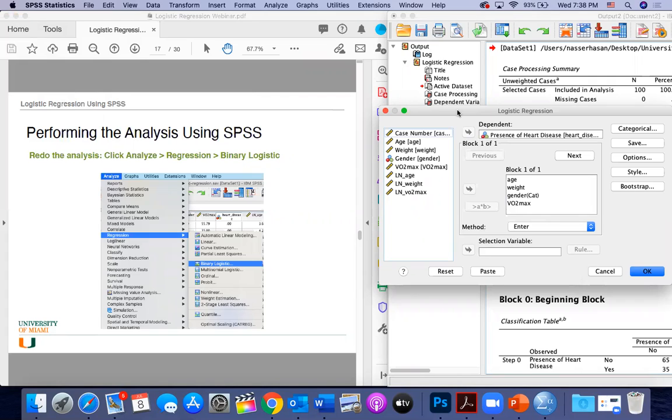So in Block 1 of 1, you want to see only your 4 independent variables. And we don't have to mess with the Categorical button or Options subcommands, because we already did everything and clicked on what we need for this analysis. Are we good?